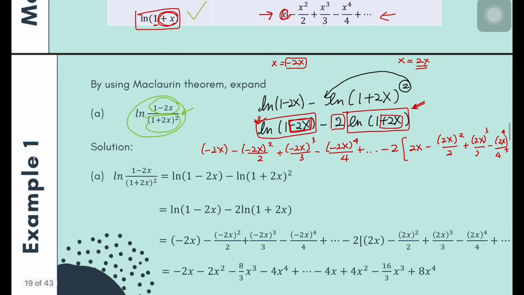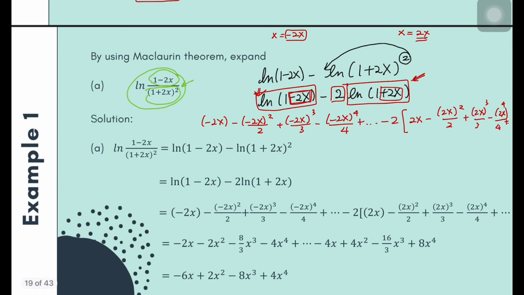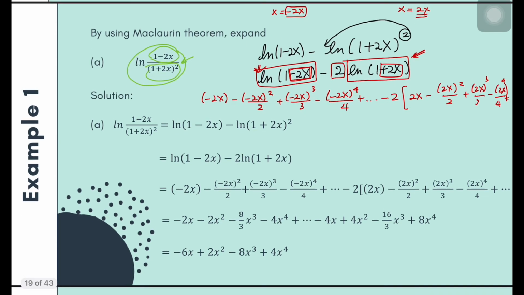Alright, so now you can simplify your function. Negative 2x squared gives you positive 4x squared, so negative 4 over 2, you will get negative 2x squared for this one.